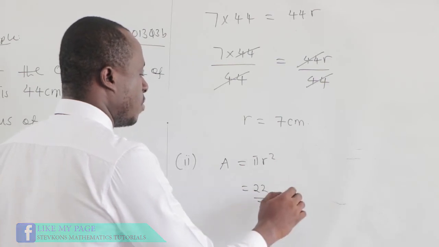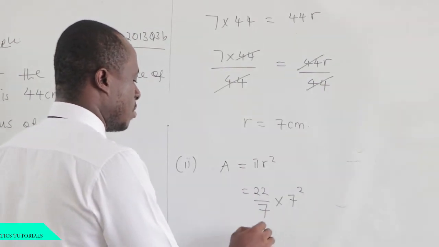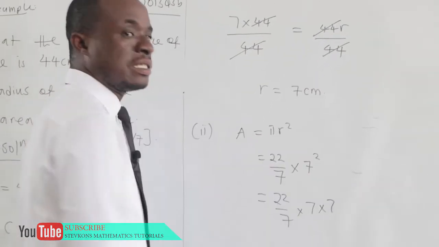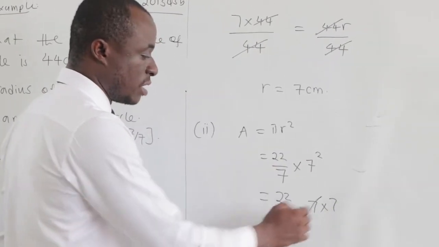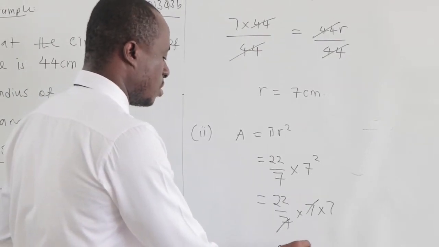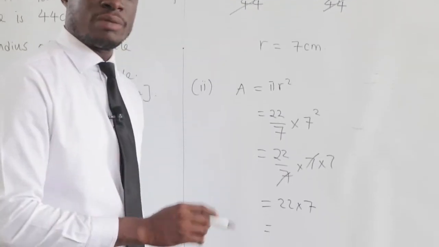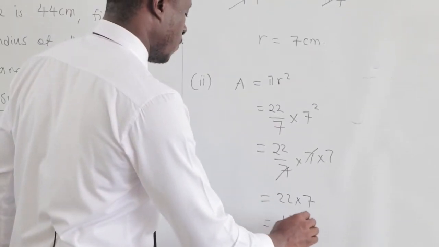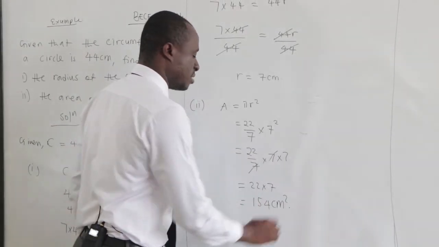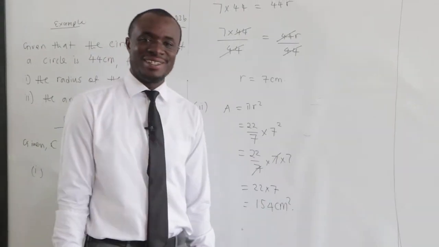The radius is 7, so we have 7 squared, which is 7 times 7. One of these 7s will cancel the other. So we have 22 times 7, and 22 times 7 is 154. Because it is area, that is 154 centimeters squared. I believe it is very easy.